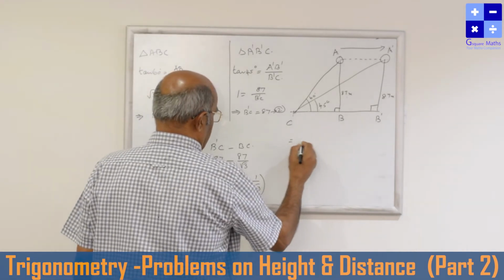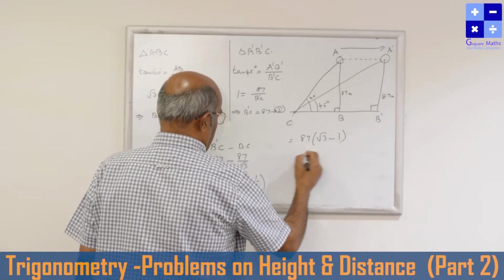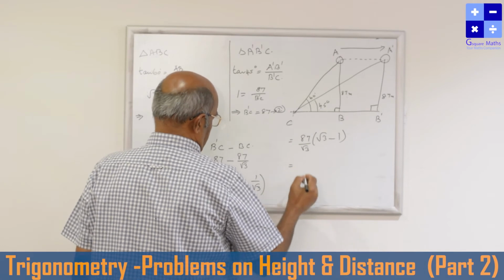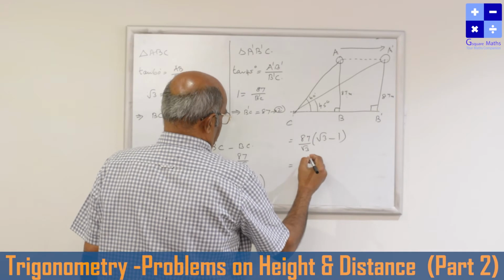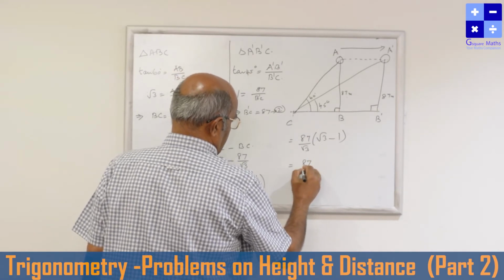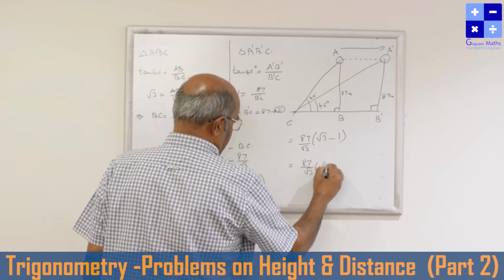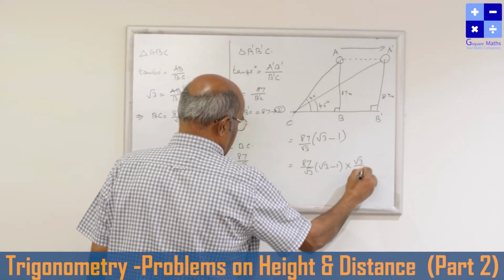That is nothing but 87 into root 3 minus 1 by root 3. So the value is given. Even if the value is not given, you can rationalize this into root 3 by root 3.